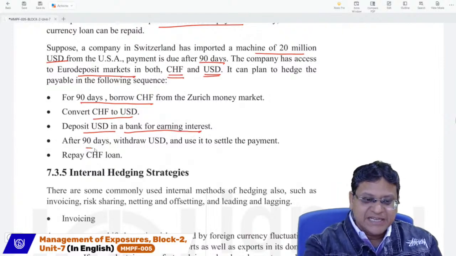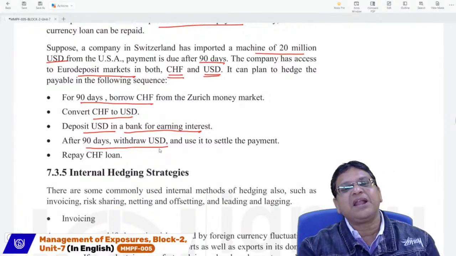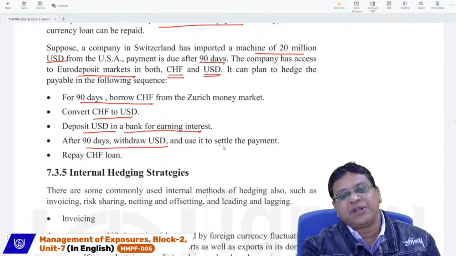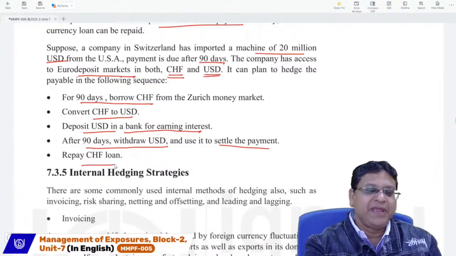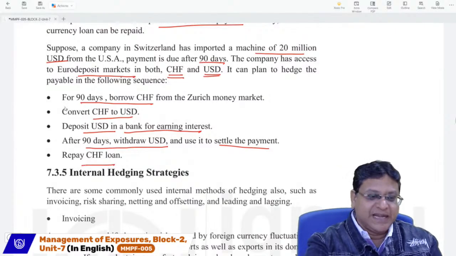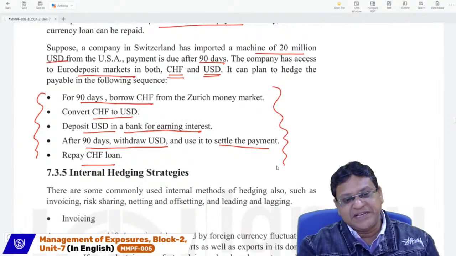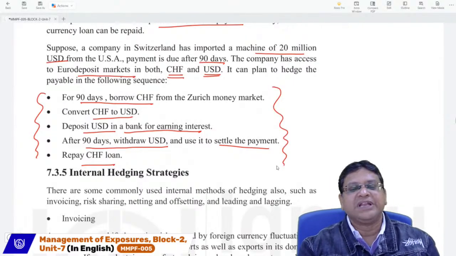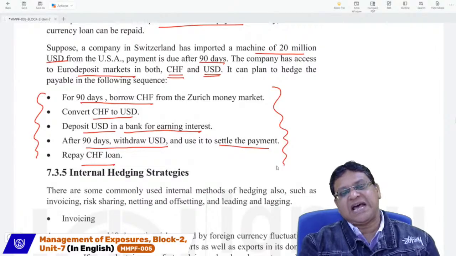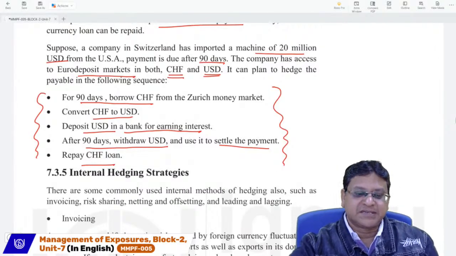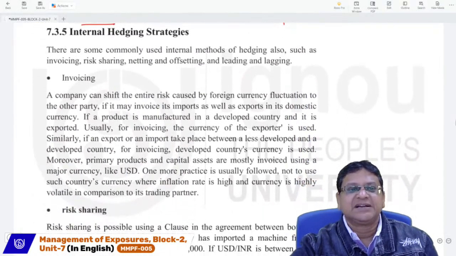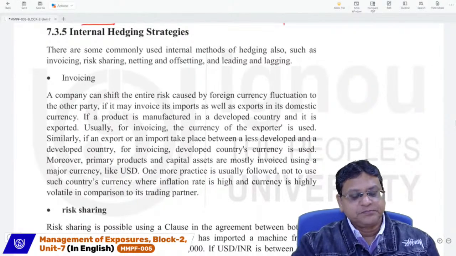After 90 days, he will withdraw the US dollar and make payment in foreign currency and repay the CHF loan. By doing this, he will reduce the currency risk. So these are two important strategies of managing transaction risk.